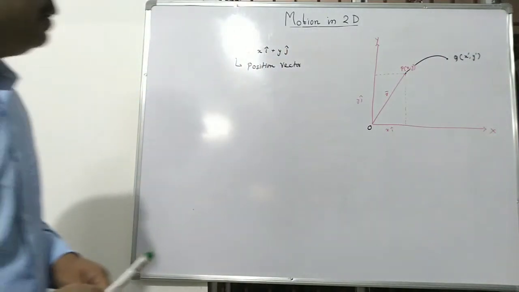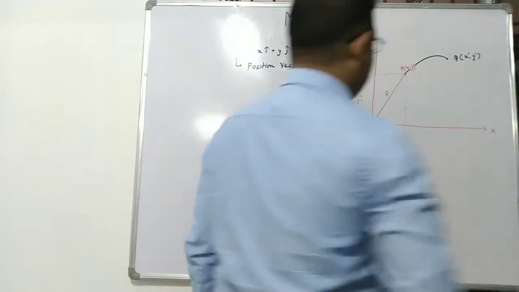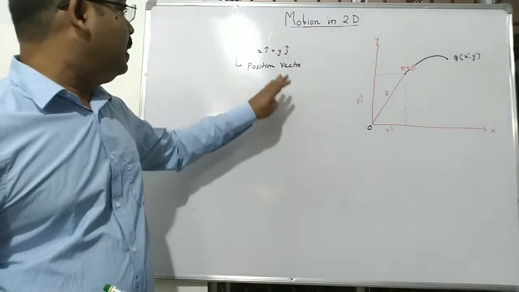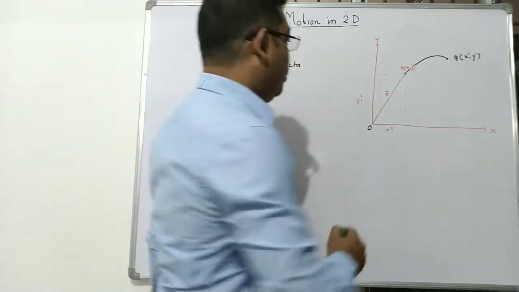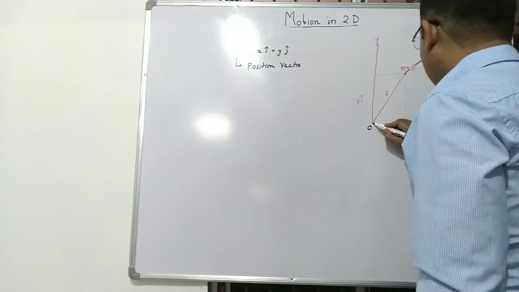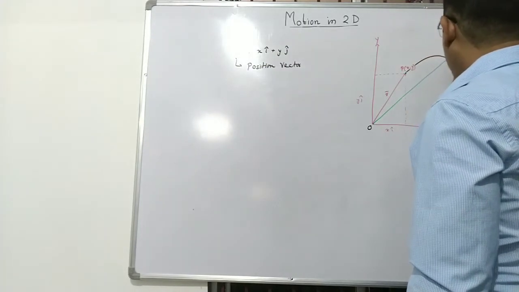So the new position of the particle will be x dash, y dash, or Q. The particle will have moved from here to this.